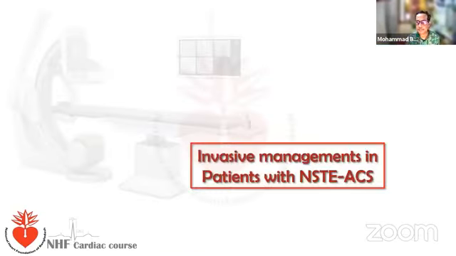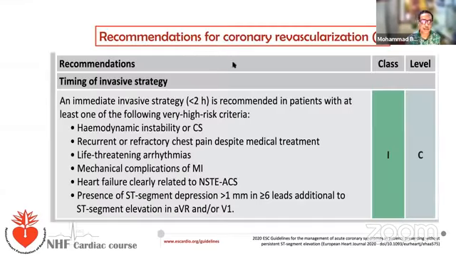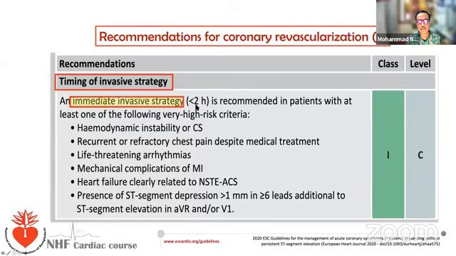Now the invasive therapy in patients with non-ST-elevation ACS. Timing of strategy: an immediate invasive strategy, that is within less than 2 hours, is recommended in patients who have any one of the following criteria: hemodynamic instability or cardiogenic shock, recurrent or refractory chest pain despite medical treatment, life-threatening arrhythmia, mechanical complication of MI, heart failure clearly related to non-ST-elevation MI, and presence of ST segment depression of more than 1 millimeter in 6 or more leads, in addition to ST elevation in aVR and/or V1.